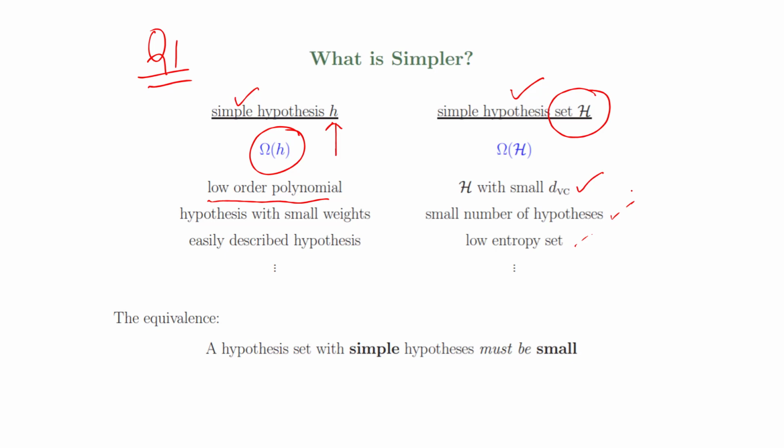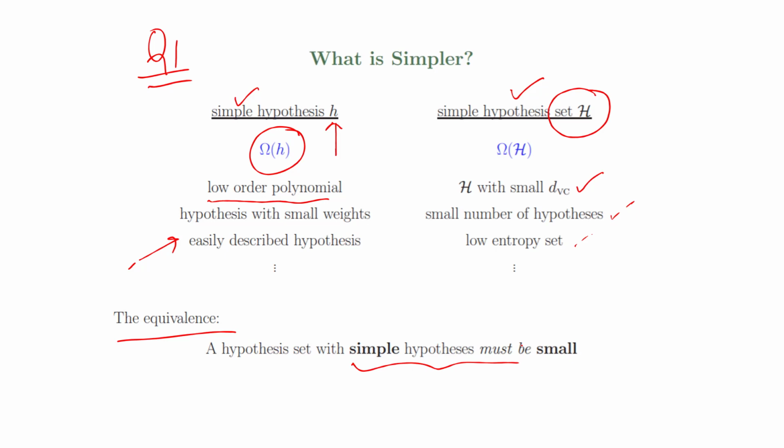So all of that comes under simple hypotheses, right? And then in terms of a single hypothesis, we came across a low order polynomial being simple, and what we're saying is that you need very few parameters to describe it. So in general, a hypothesis set with simple hypotheses, either way, must be small.